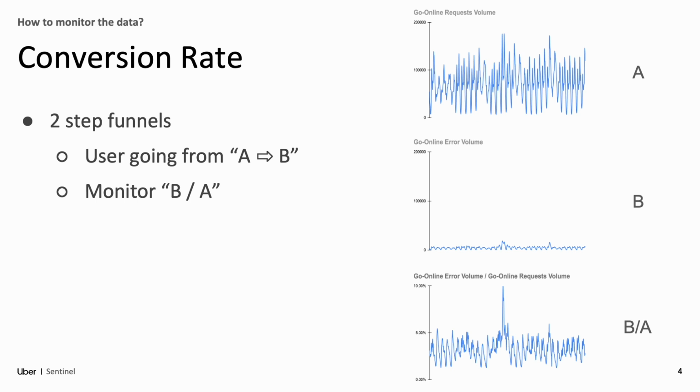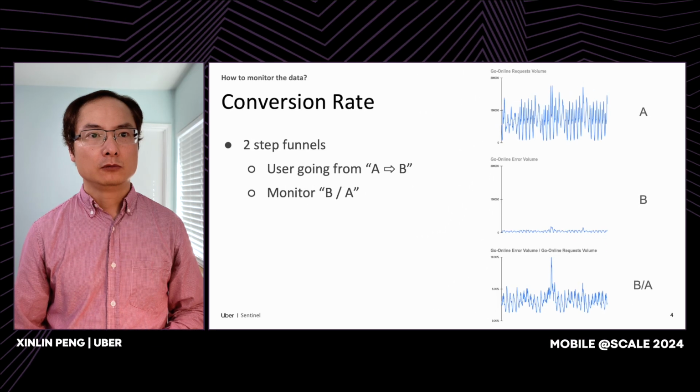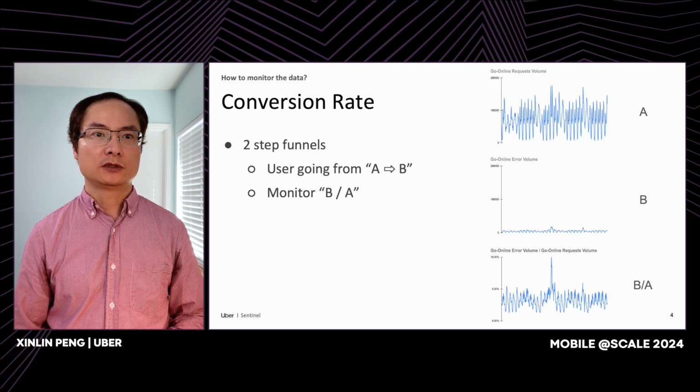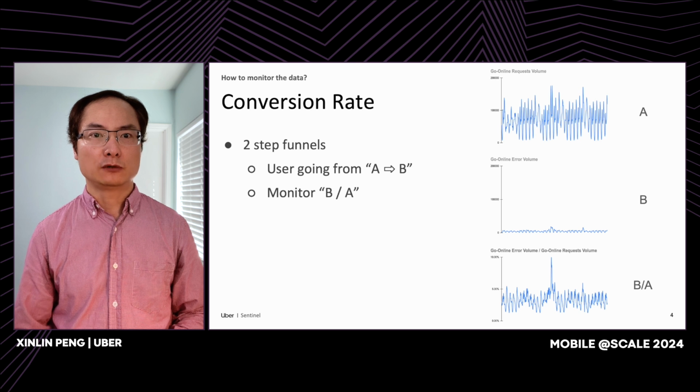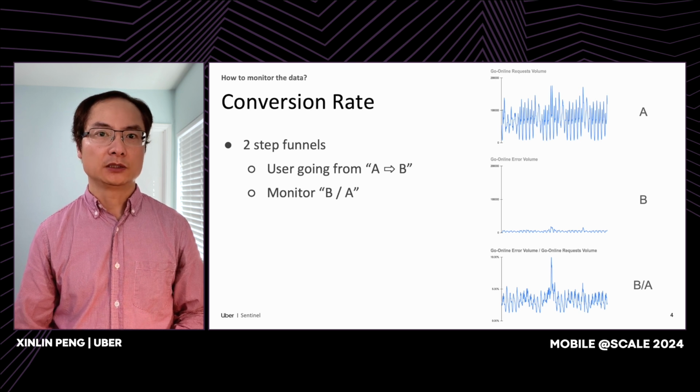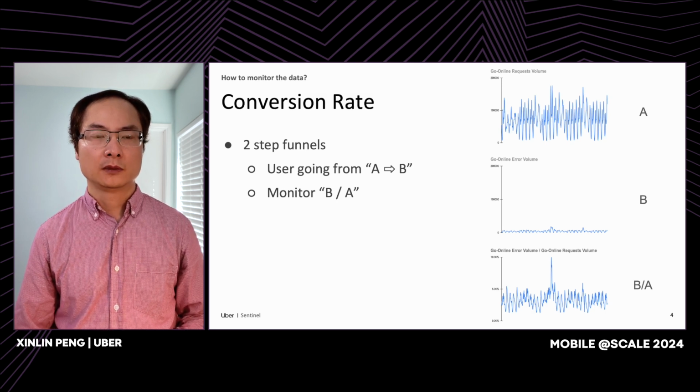We can monitor the volume of the event directly or via week-over-week comparisons, but we found that the conversion rate, which is the measure of how many people convert from step A to step B, is a much better metric than simple volume tracking.